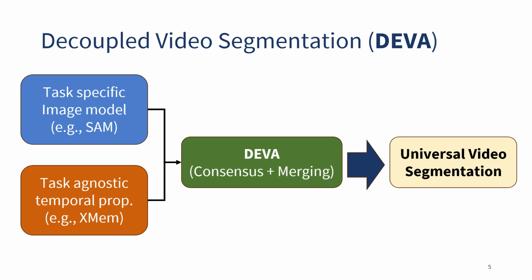We achieve this with a decoupled video segmentation framework, which we call DEVA. DEVA combines a task-specific image model, such as SAM, and a task-agnostic temporal propagation model, such as XMem. To combine them, DEVA contains two main components: consensus and merging. The resultant method is used for universal video segmentation.